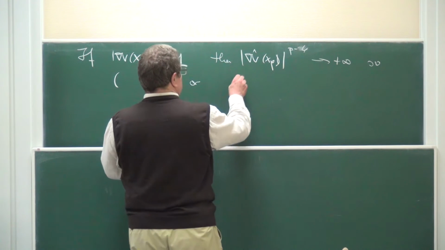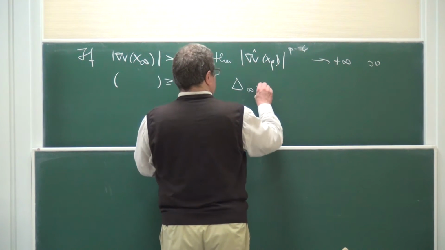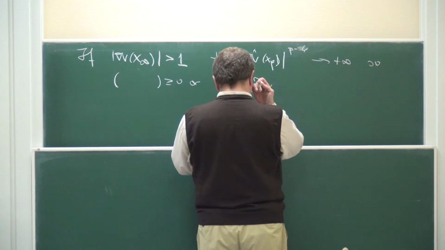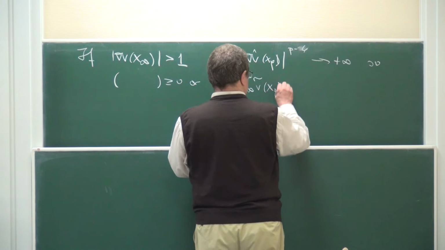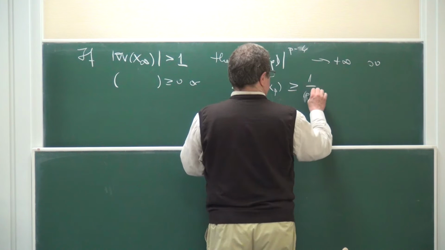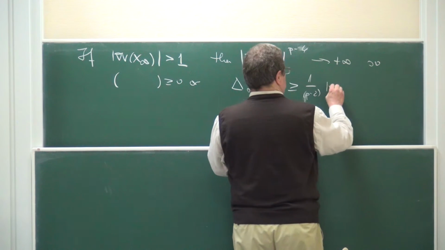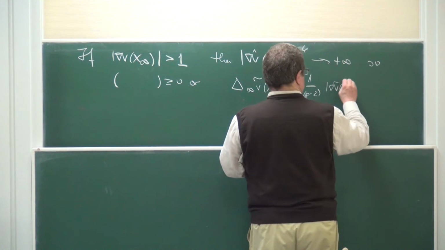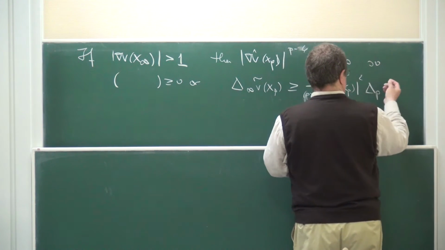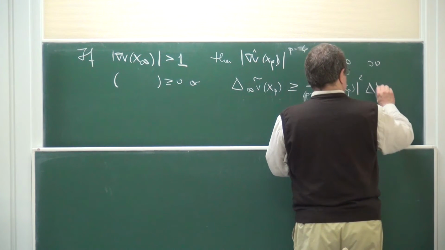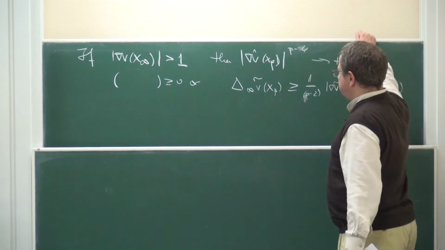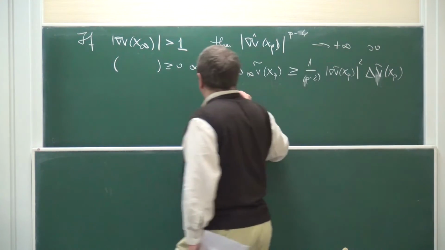And this means that the infinity Laplacian of V tilde at xp is greater or equal to 1 over p minus 2 times the gradient of V tilde at xp squared times the Laplacian of V tilde at xp, as p goes to infinity.